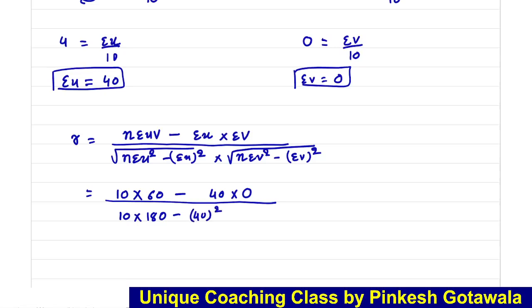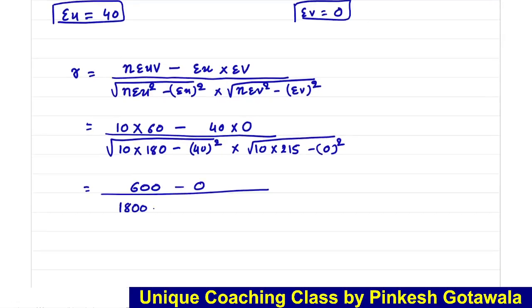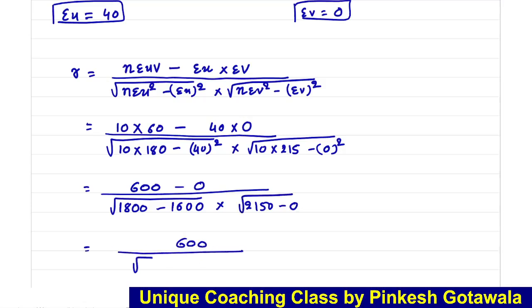Then we calculate: 600 divided by the root of 200 times 2150, which is 600 divided by 655.74, so 0.91.